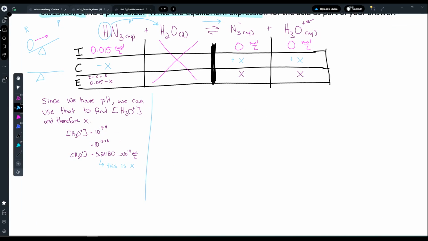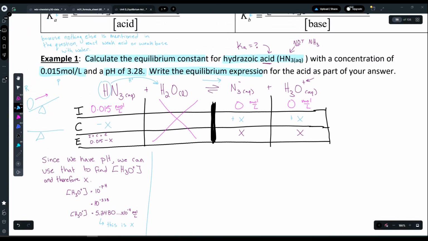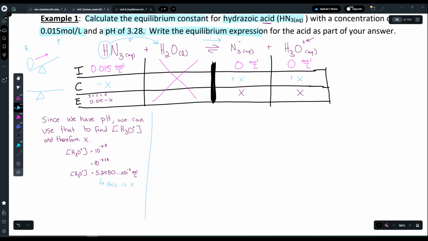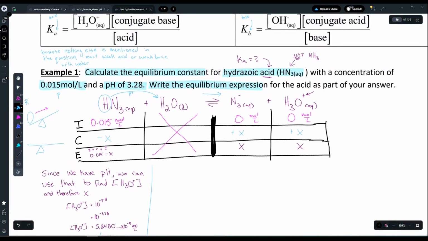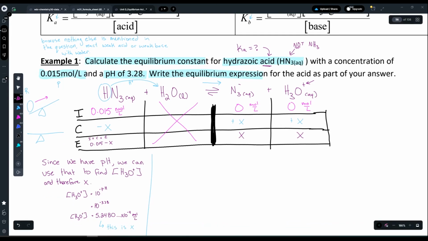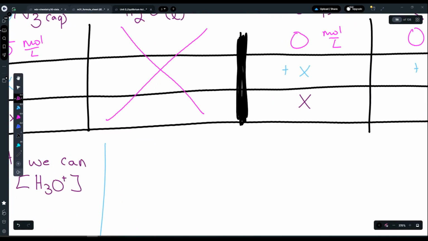So then moving on in this question, since we didn't have to figure out all of the equilibrium concentrations of each species, instead we need to figure out what the equilibrium constant is for hydrazoic acid. So let's write out the equilibrium law expression.